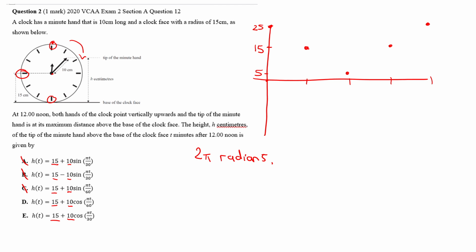So I am literally going to go 2 pi over 60, and that is going to give me pi over 30. Now, we just need to be multiplying it by t, and that is because t is time. So at the moment we've got t pi over 30. T pi over 30 is my answer.